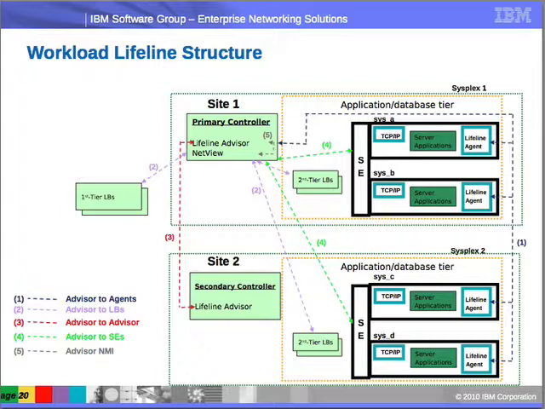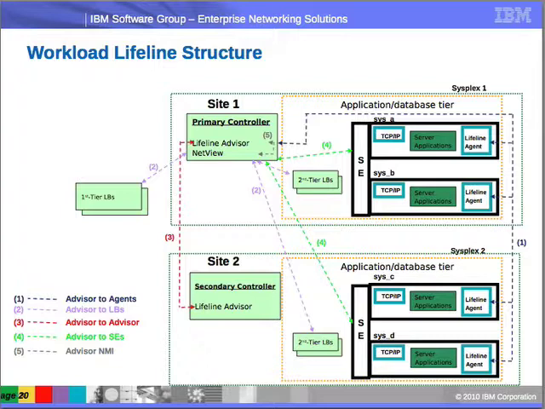If you go to the next slide, the next thing is the advisor to load balancers. Based on the information the agents have given, the advisor goes out to the first tier load balancer and tells it which site to send transactions to for this specific workload.